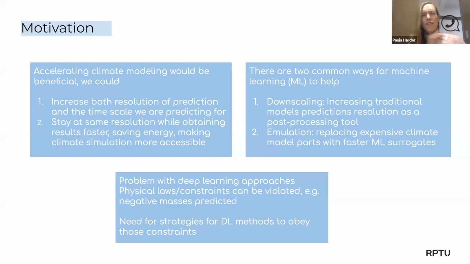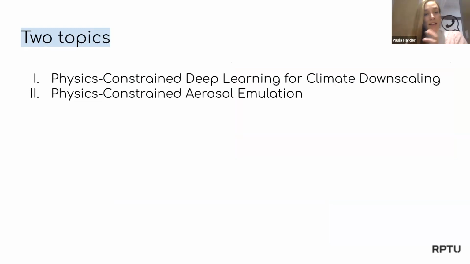It's not the physics-informed work you probably know, having a PDE as a loss function that solves the whole PDE. It's more about positivity and some mass conservation. So like I said, first topic, constrained deep learning for downscaling, and then constrained deep learning for aerosol emulation.